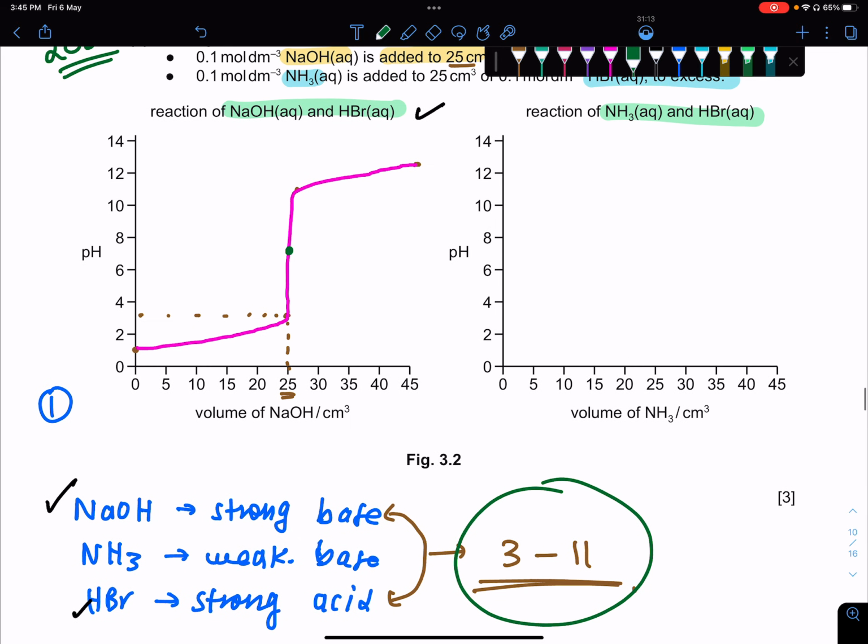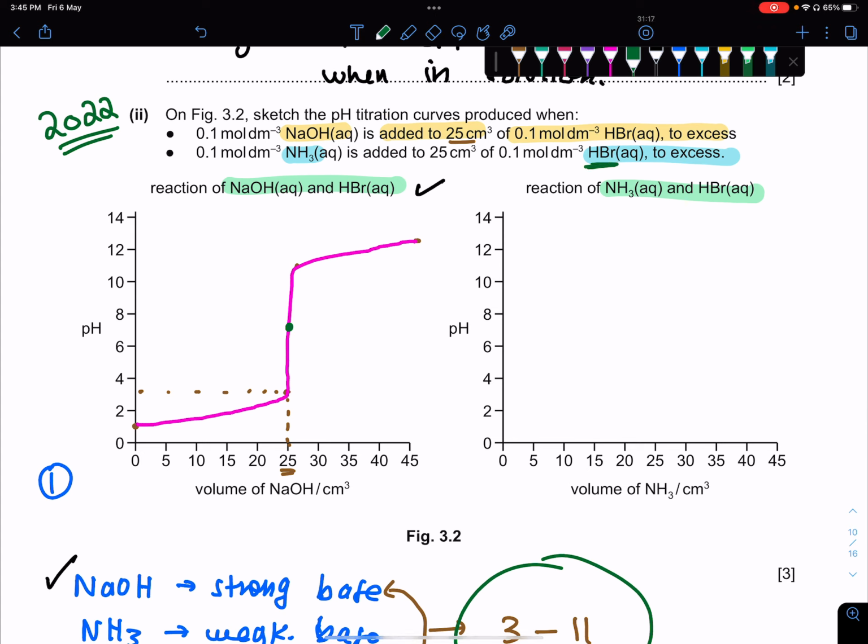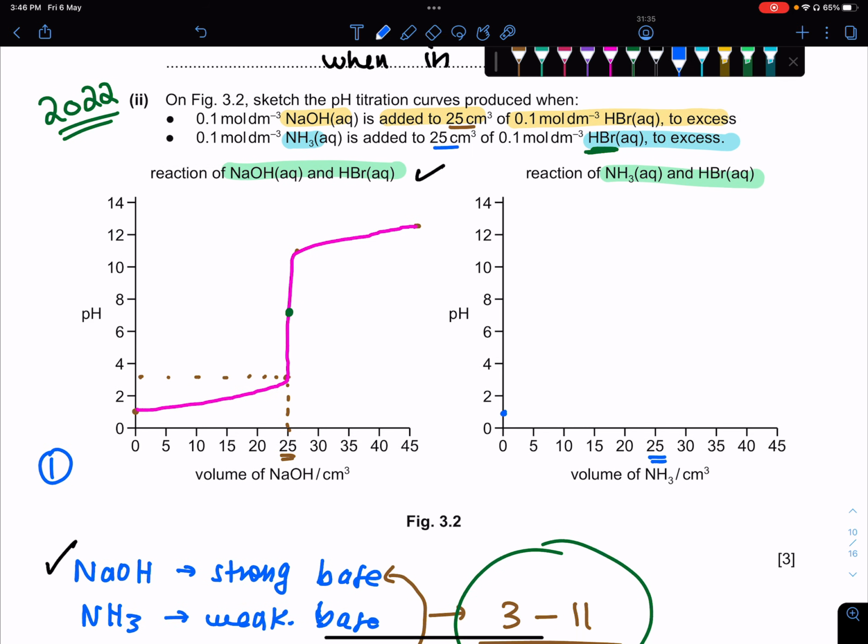Next part is a weak base and a strong acid. Now we're adding the base, ammonia NH3, into the strong acid. Again the starting pH would be the same, about 1. The equivalence point, the neutralization point, occurs at a volume of 25 cm³ of ammonia.